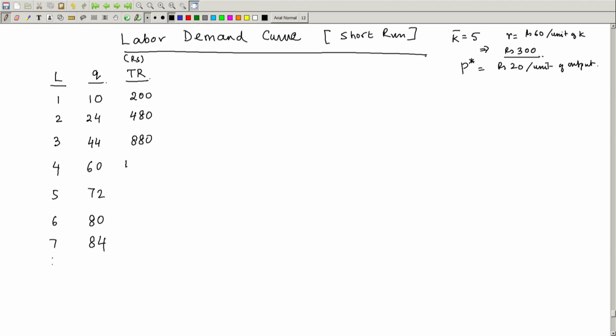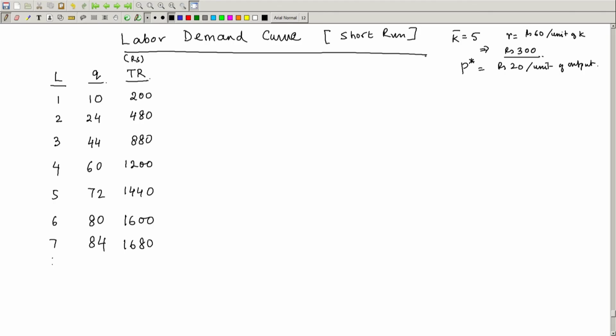With 4, I have 1200 rupees as revenue. With 5, it is 1440 rupees. With 6, it is 1600 rupees, and with 7, it is 1680 rupees. So, this is the information about the total revenue in rupees with various combinations of labor.